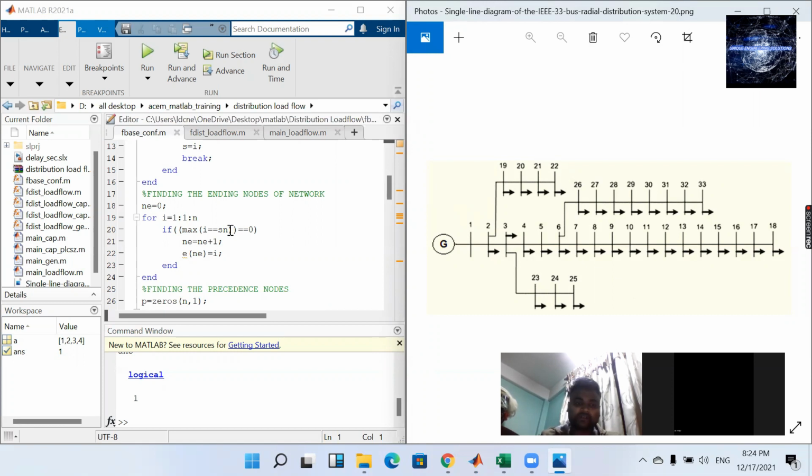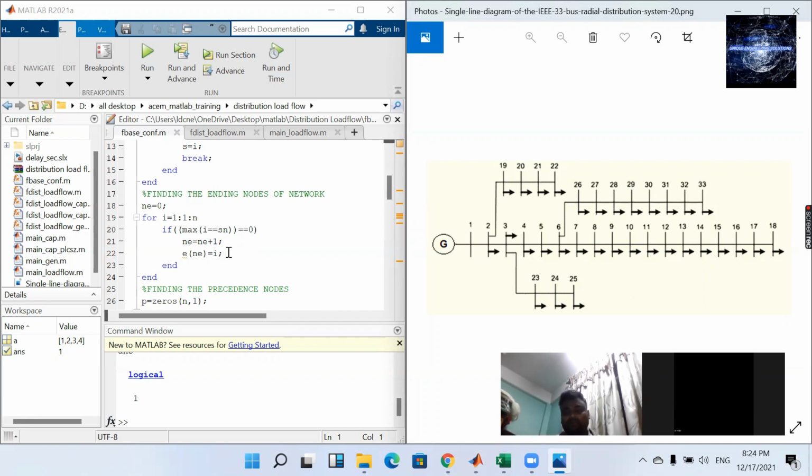Again, it is similar to what we learned previously: maximum i equals Rn was there in the earlier case. Here it is Sn. So those i which do not belong to Sn, only then this if clause will be satisfied, and then we store that node, and the number of end nodes is increased by 1.